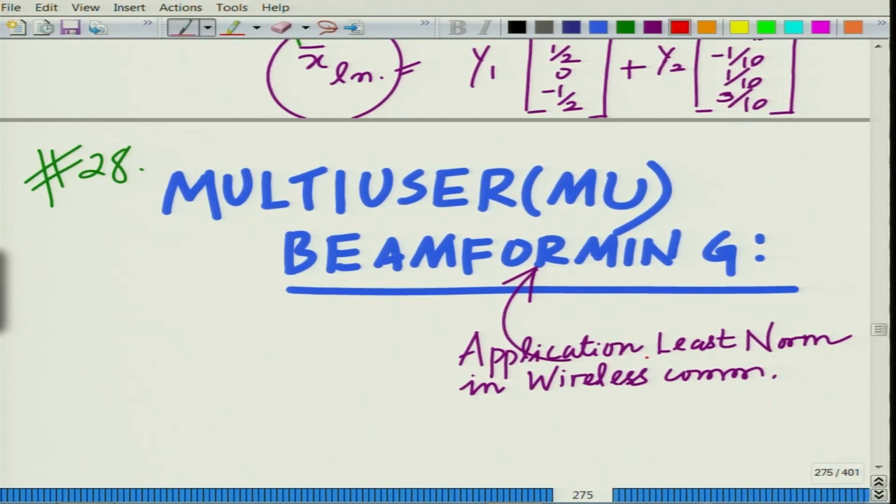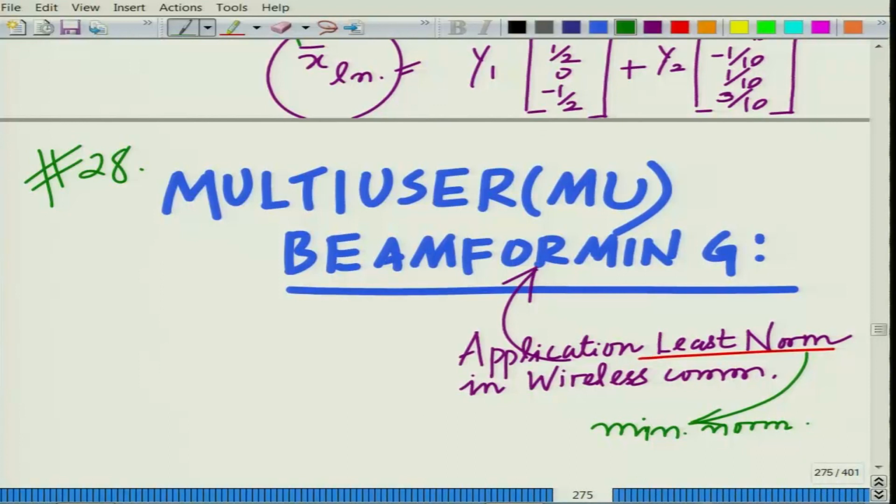And just to clarify, this least norm is also sometimes known as the minimum norm. I think both can be used interchangeably, that is the minimum norm solution to a system of linear equations or the least norm solution to a system of linear equations.